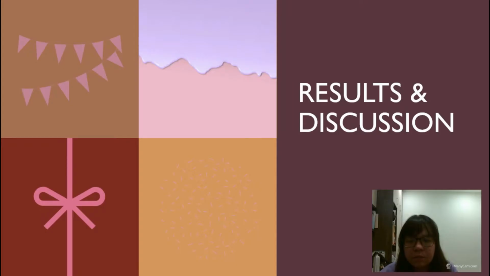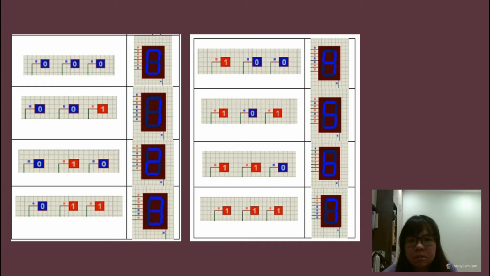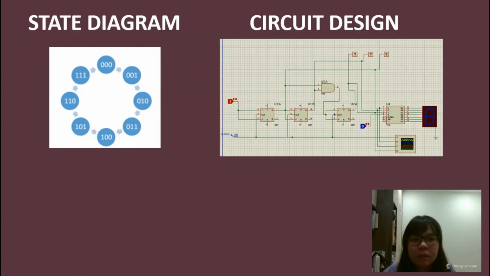Now we are going to the result and discussion. From the simulation demo we presented just now, as a result we get the 3-bit synchronous up counter. From here we can see that there is a binary number with its respective decimal number. Now I would like to introduce the state diagram.